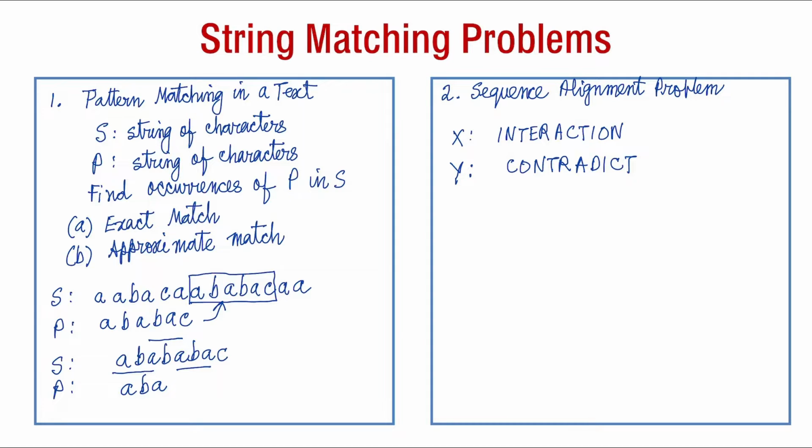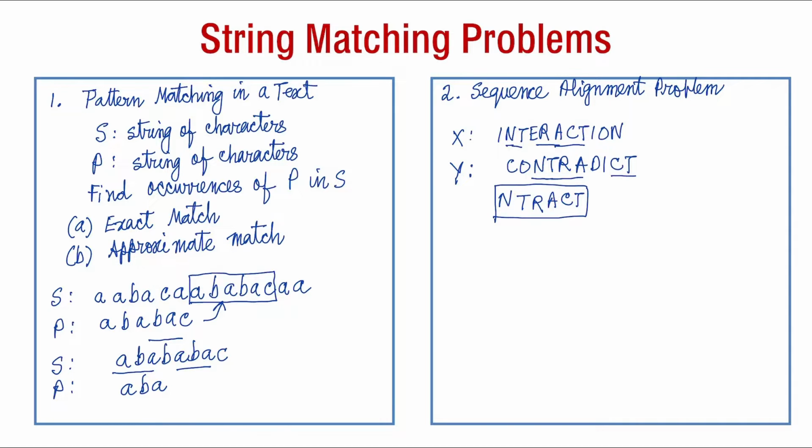So in the typical sequence alignment problem, we would like to find the common sequence of them. For example, one common sequence for both of these is N, T, R, A, C, T. As you can see, N, T, R, A, C, T is here, and here you have N, T, R, A, C, T. So there is a sequence of letters which match.